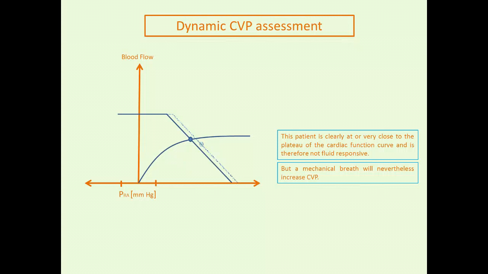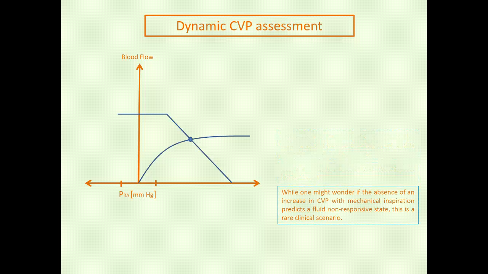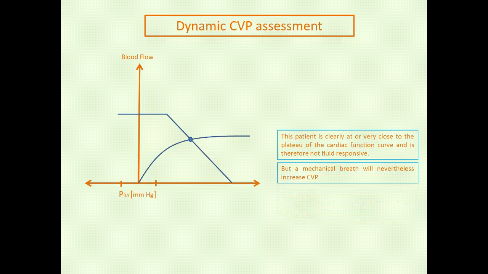Okay, so even though this patient is on the plateau portion of their cardiac function curve, that is, this patient is volume intolerant, the increase in CVP that you see with a mechanical breath like this, CVP clearly increased from there to there, this patient cannot be said to be a fluid responder. And that's just a function of changes in venous return that occur with breaths.